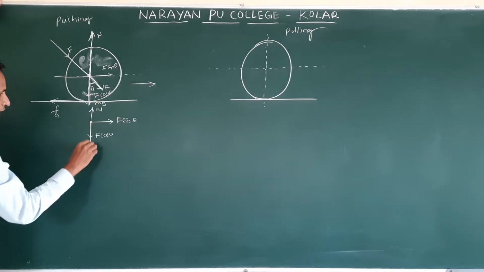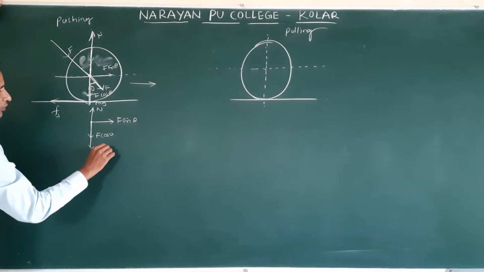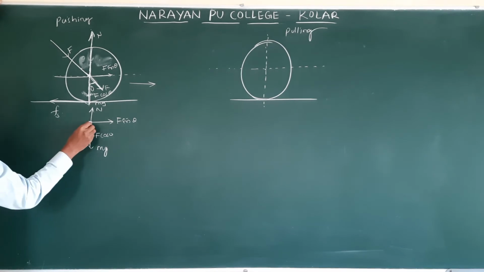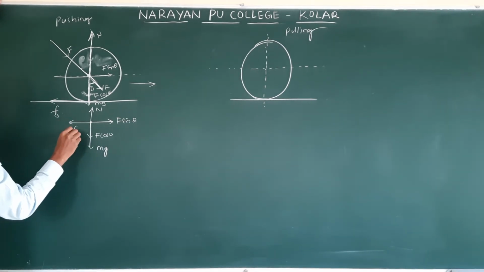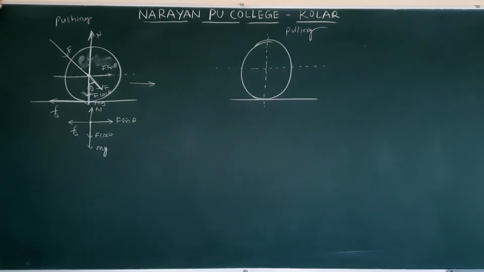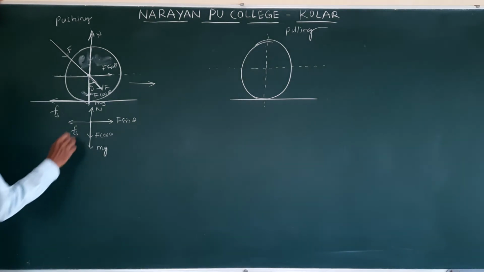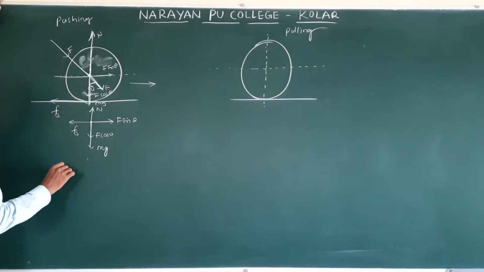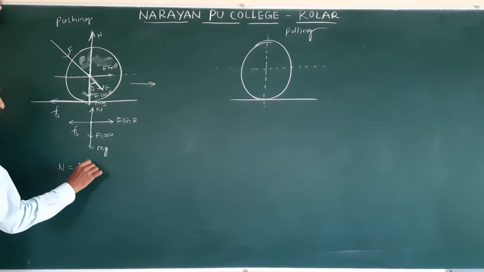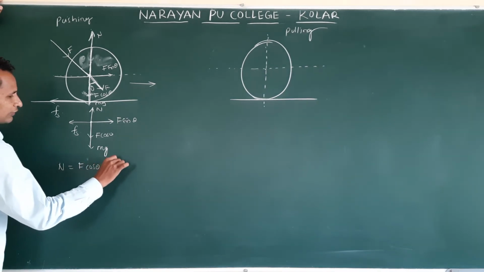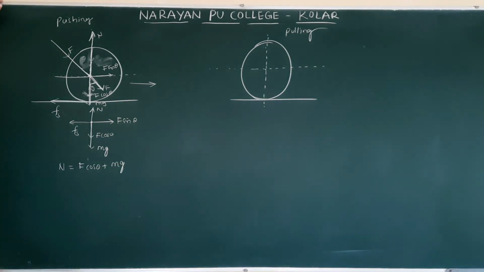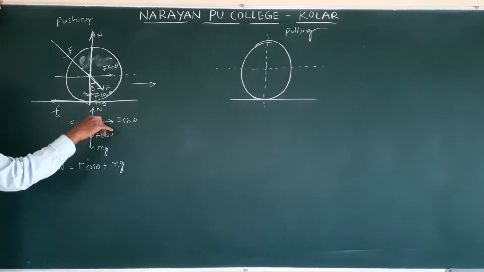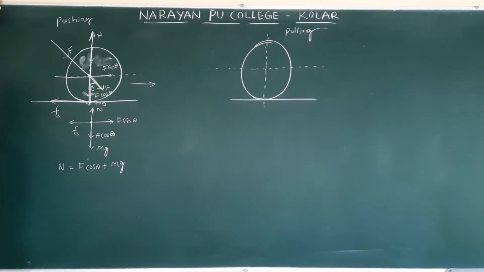Friction acts against this. This is Fs. This is the free body diagram. Now along the y direction, N balances. N is equal to F cos theta plus mg. N is acting upwards, F cos theta and mg acting downwards.